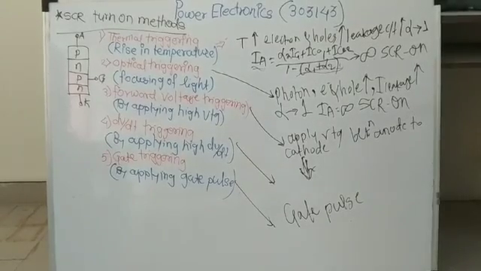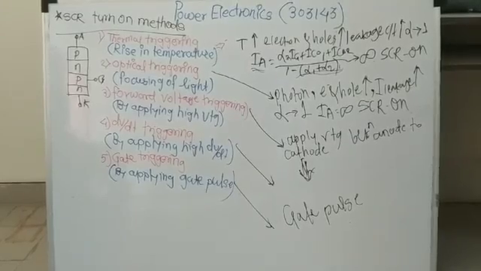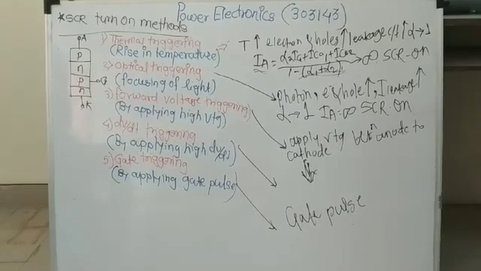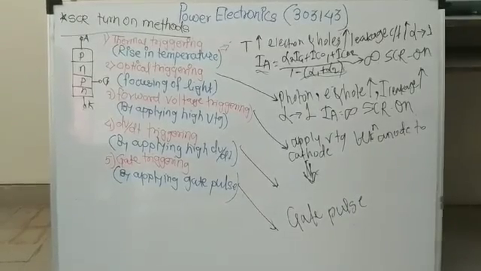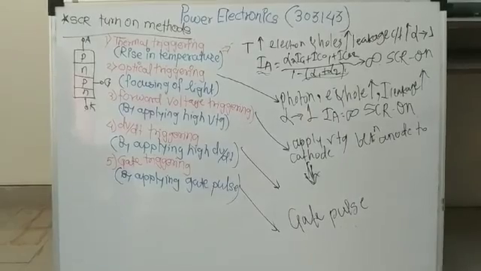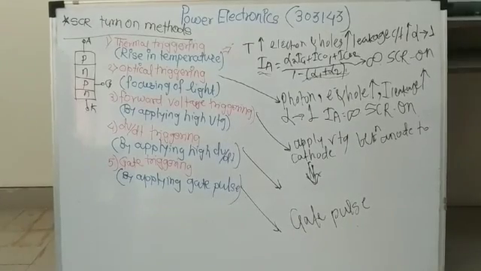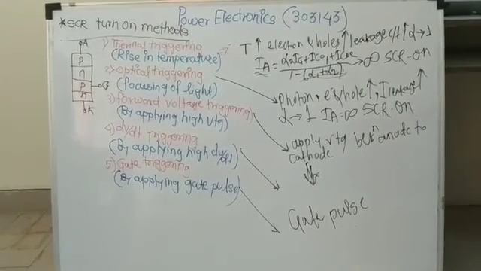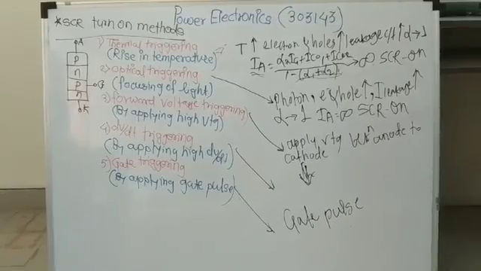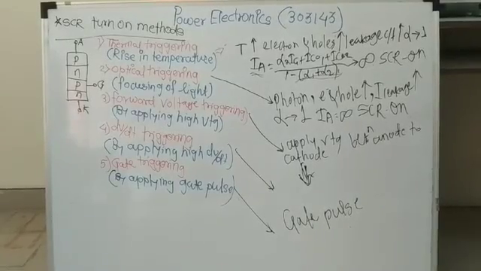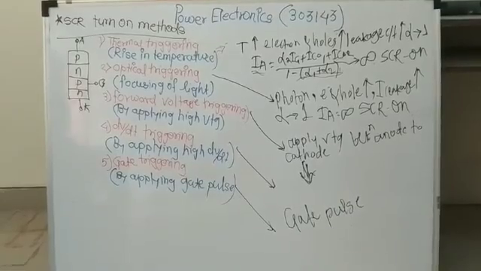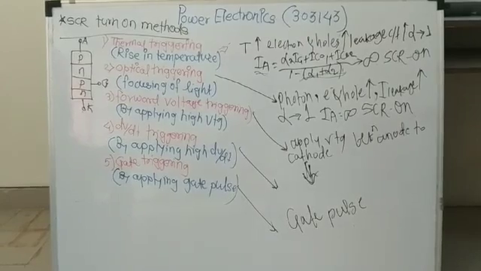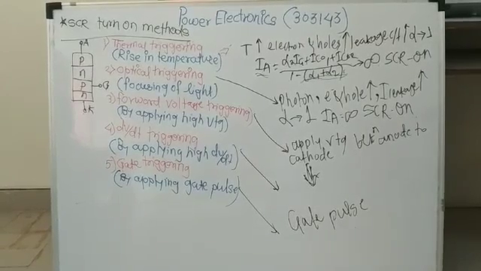What happens due to this connection? When we connect the battery between anode and cathode, your junction J2 of the SCR is in reverse bias. But by connecting the battery at the gate also, the gate pulse helps junction J2 break its depletion layer very easily, so that the turning on becomes simple or easy.